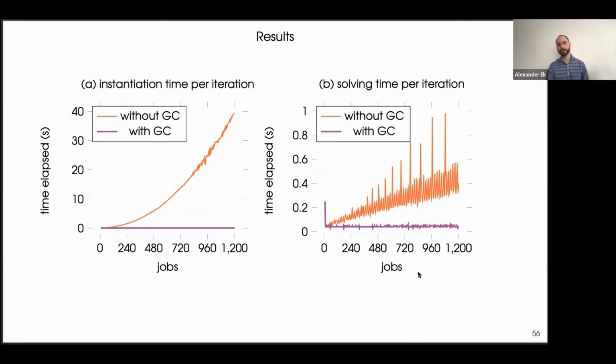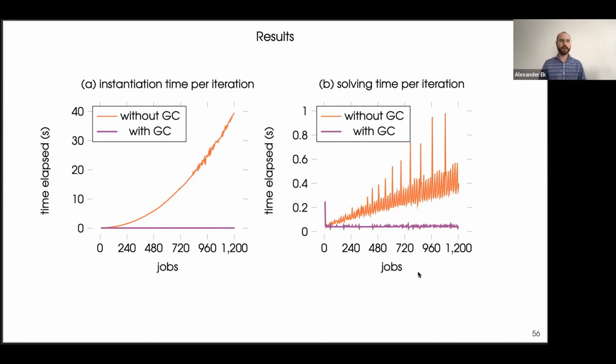Important thing to note with garbage collection: if more things are added quicker than we can garbage collect, then we will get this kind of behavior sooner or later. But if we can garbage collect at roughly the same speed as new things are added, then we will get more or less flat behavior. So that's an important thing to keep in mind.